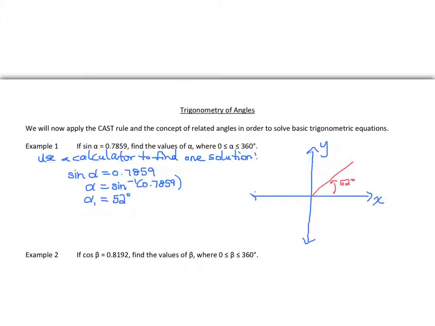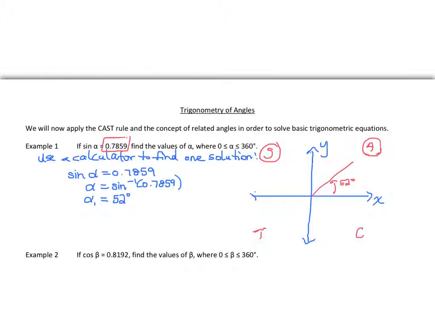Now looking back to the question, the sine ratio we're looking at is positive. Now remember, the cast rule tells you which ratios are positive in each quadrant. So let's just give ourselves a little reminder here of the cast rule. So remember, sine is positive not only in quadrant 1, but also in quadrant 2. So this equation has another solution in quadrant 2.